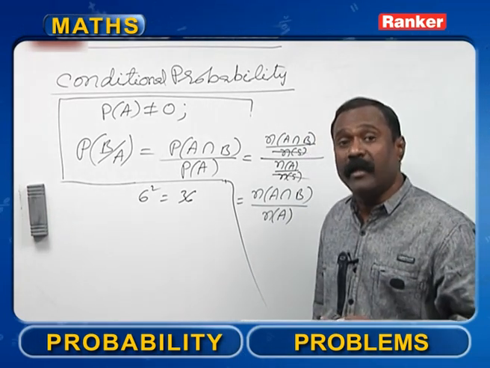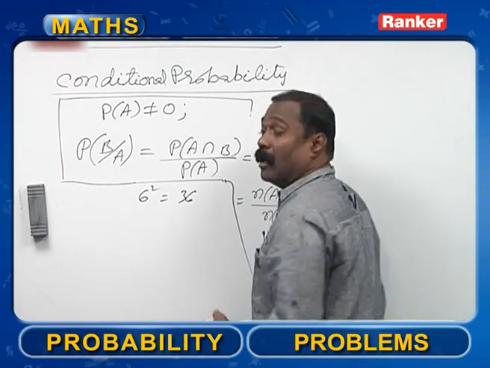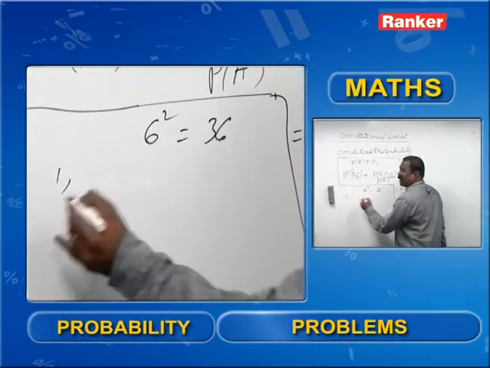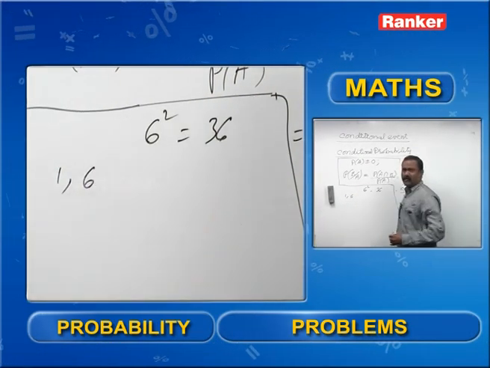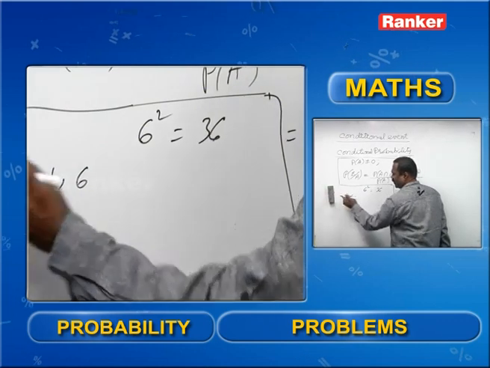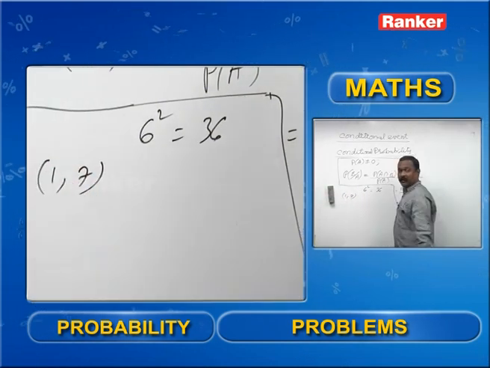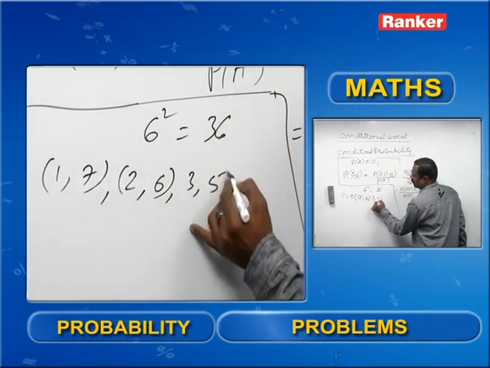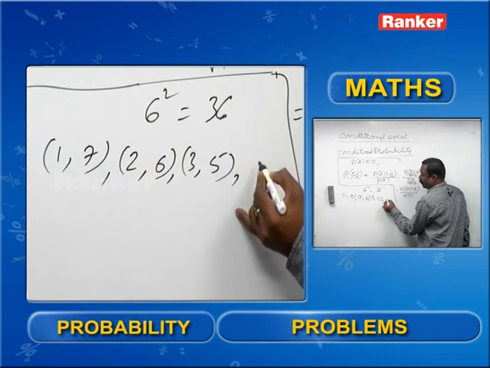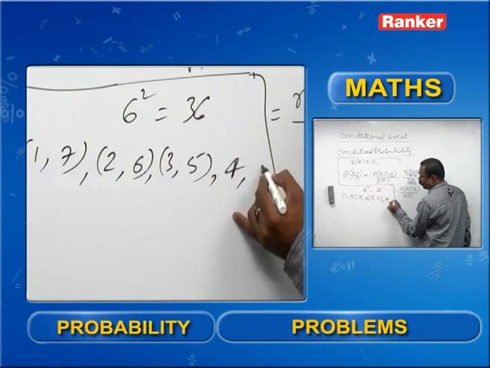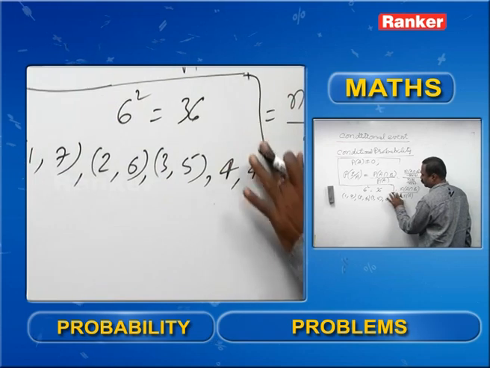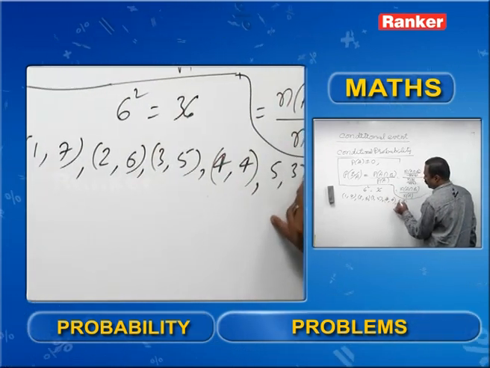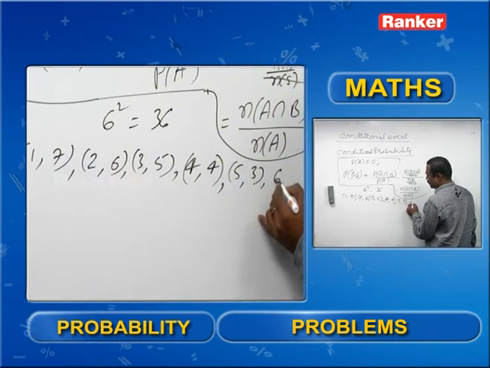So what should be the outcomes if the sum is 8? If it starts from 1, 6 is the maximum combination, which becomes 7, so it is not possible. So 2, 6 is one possibility, 3, 5 is another possibility, 4, 4 is another possibility, and next, 5, 3 is another possibility, and 6, 2.